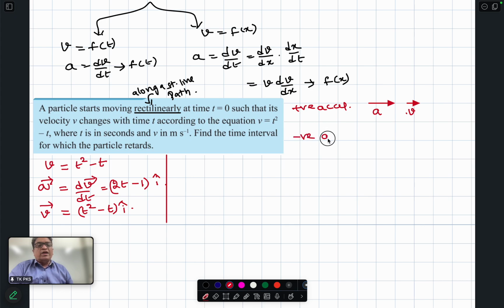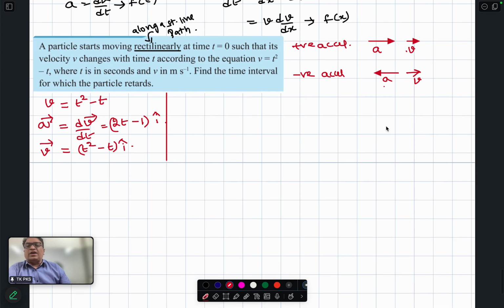If a body has negative acceleration, instantaneous velocity and acceleration are in opposite directions. If the dot product is negative, they are opposite. If the dot product is positive, they are in the same direction. Let us see that condition now.